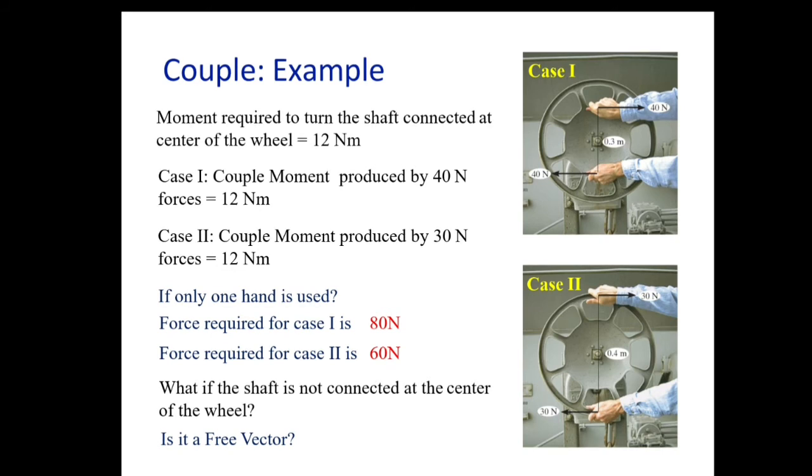So for one hand, in the first case it is 80 newton, and in the second case it is 60 newton, whereas with two hands it is 40 and 30 newton. If we reduce to a single hand, there will be an increase in effort required by that hand, that is 80 and 60 newton, as you can observe.